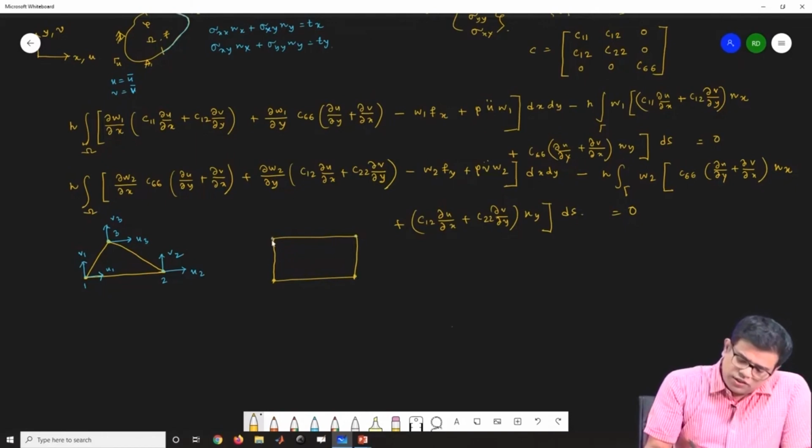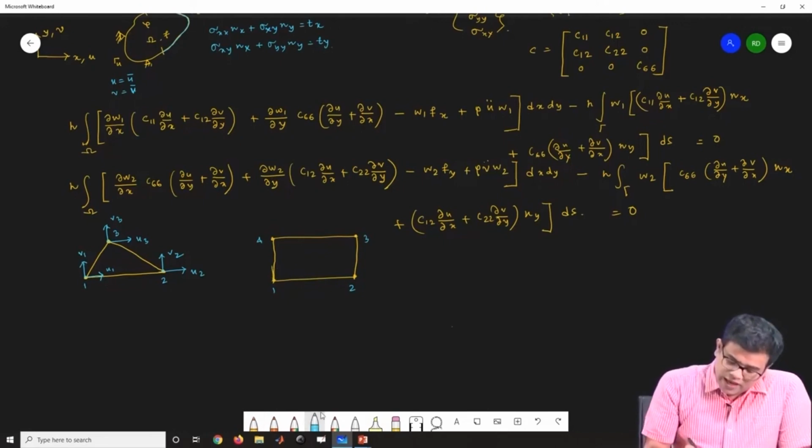So now this is my node 1, 2, 3, 4. You will have 4 such displacements. So this is my displacement u1 v1, u2 v2, and so on.